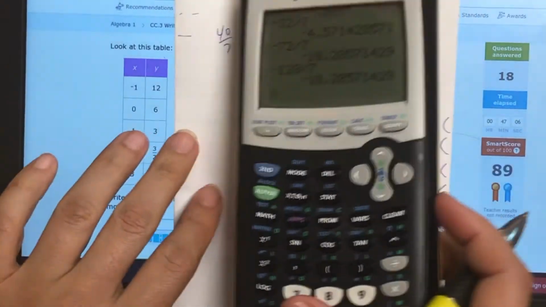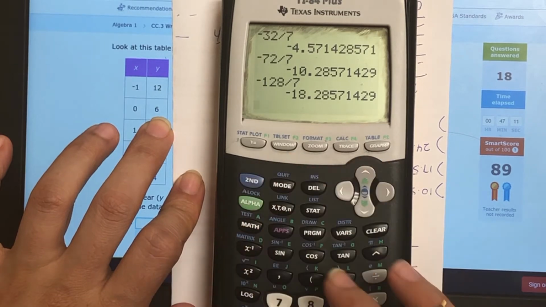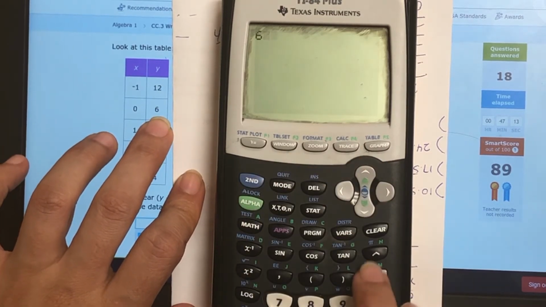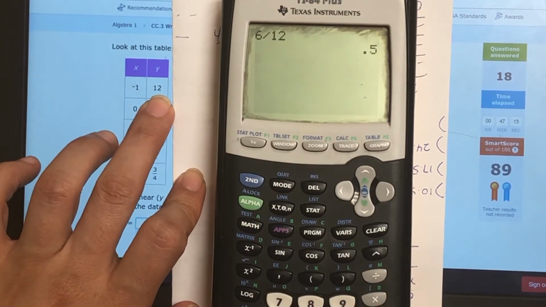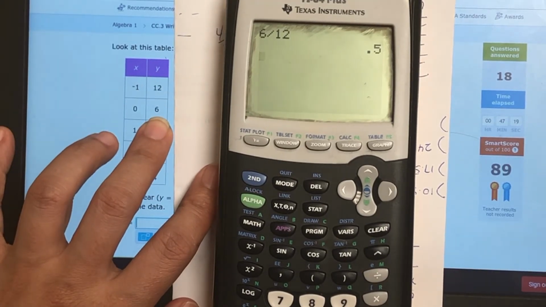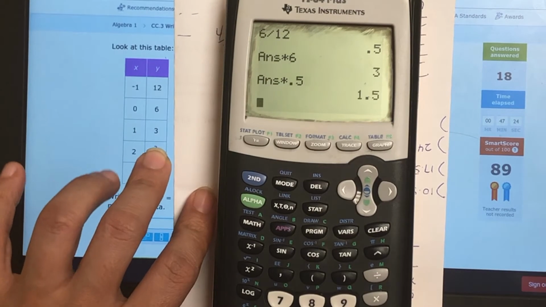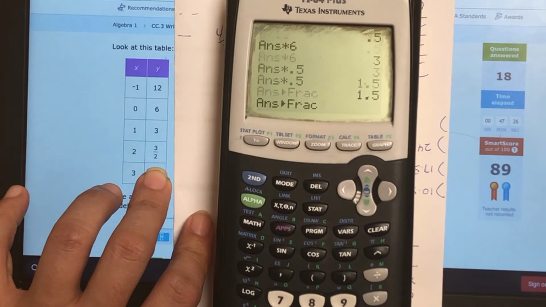All right, so let's check if it's exponential. 6 divided by 12. 0.5. So if I multiply everything by 0.5, do I get the next one? Okay, so 6 times 0.5. Yes, times 0.5. And we can do math enter enter to find that one.